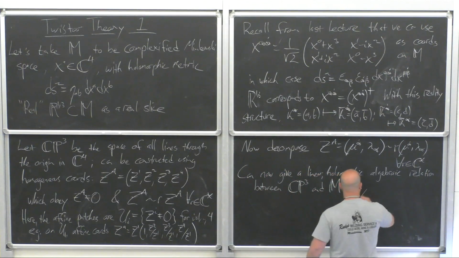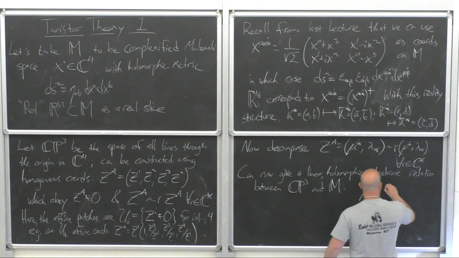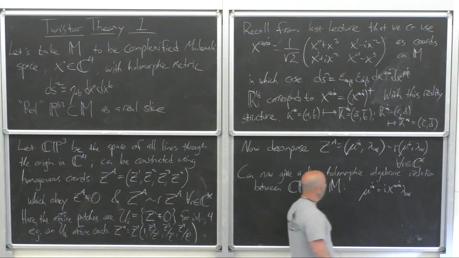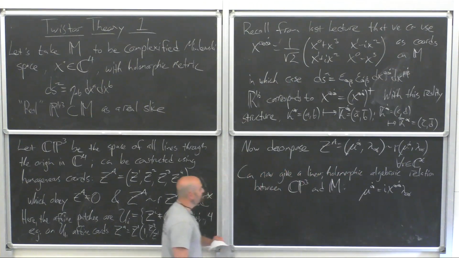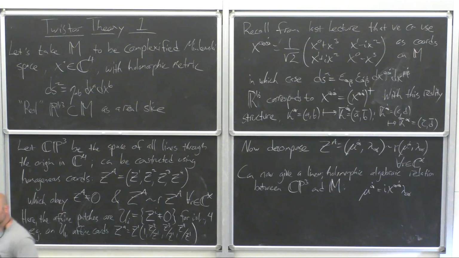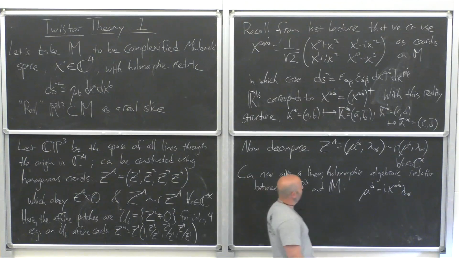It's just going to be mu alpha dot is equal to i x alpha alpha dot lambda alpha. So x labels a point in complexified Minkowski space, and mu and lambda label a point in CP3. They're the components of a homogeneous coordinate for a point in CP3.